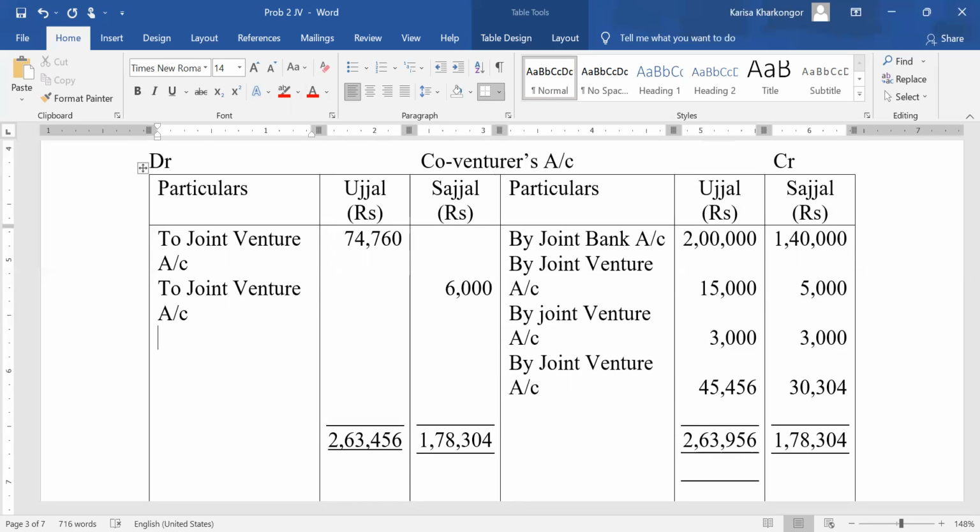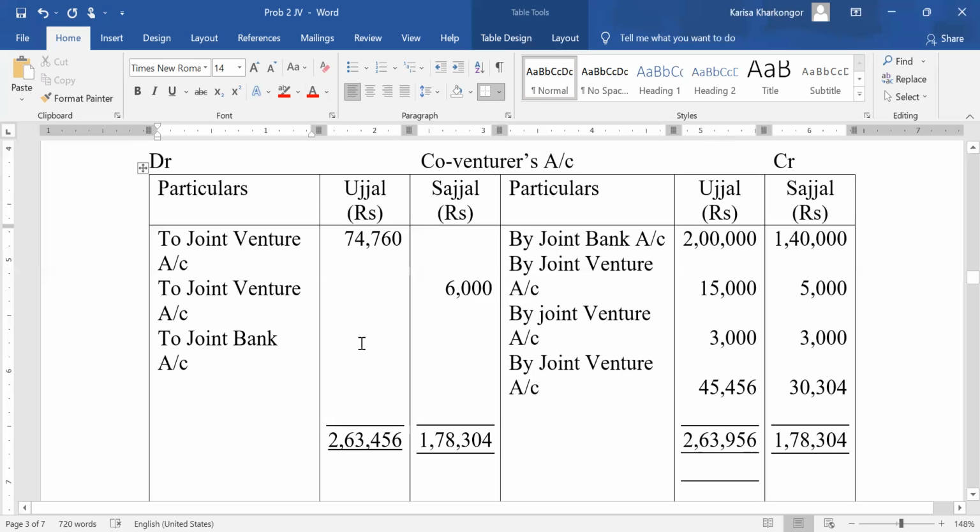So from this, we find out the balancing figure of Ujjwal and Sajal account, which will be transferred to joint bank account. From the total of Ujjwal, that is 2,63,456, we deduct 74,760.